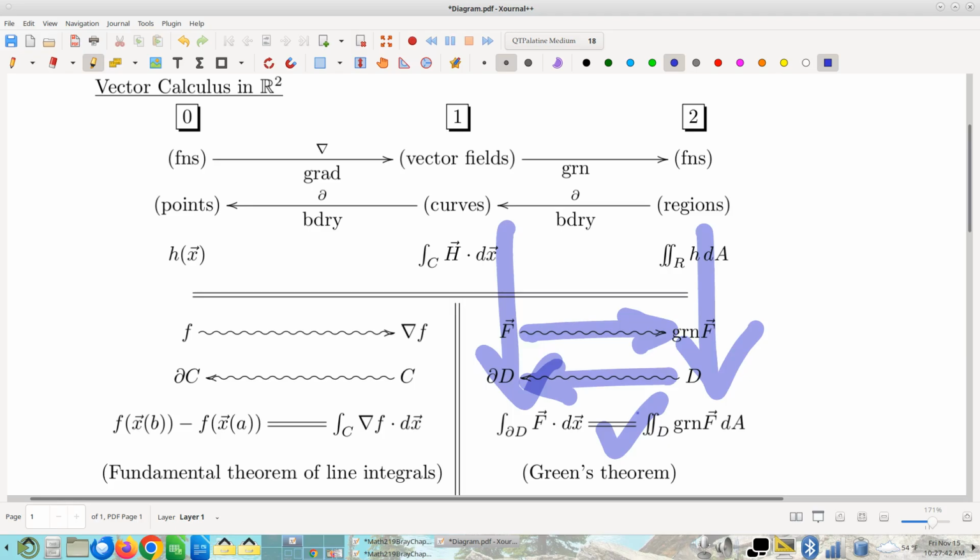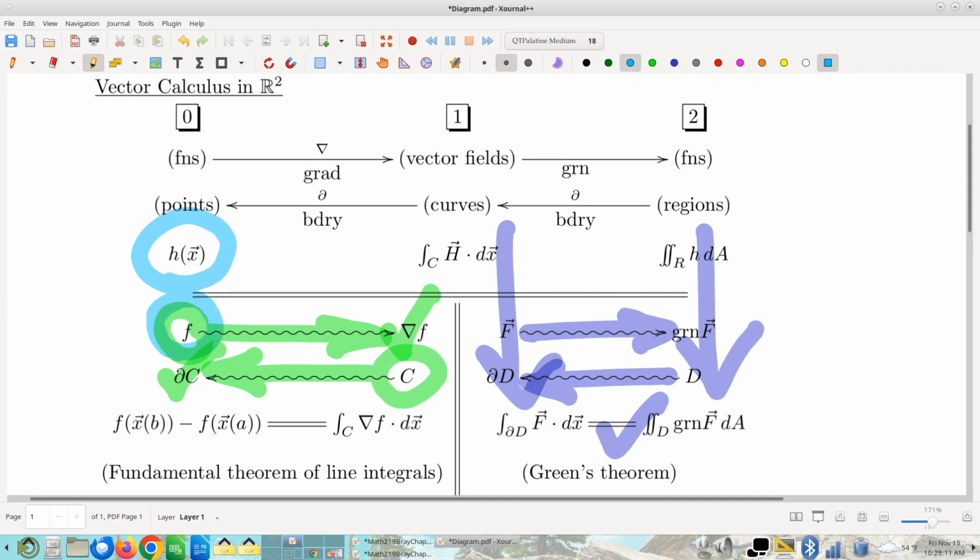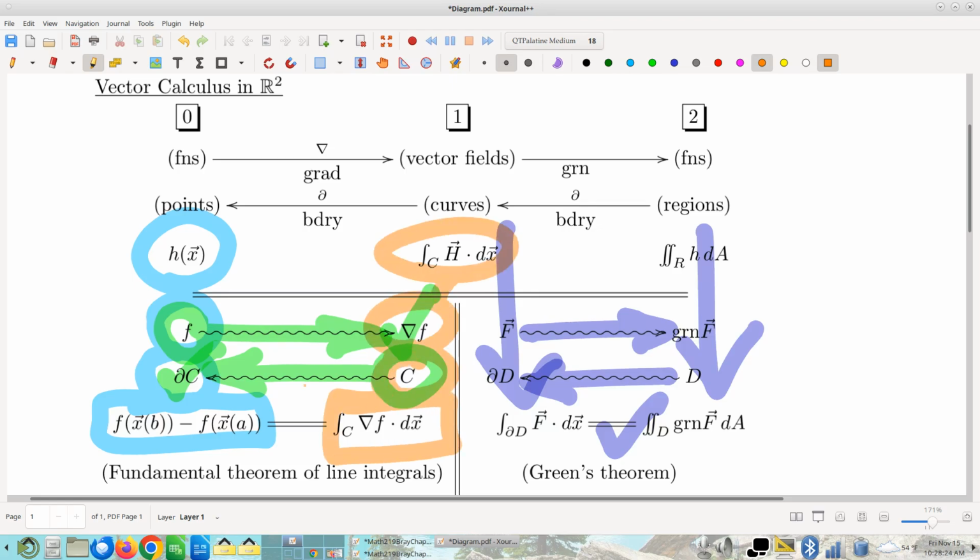Okay, now with that in mind, let's think about what the fundamental theorem of line integrals says. It says if you have a function and you look at its gradient, and if you have a curve and you look at its endpoints, the A and the B, the starting and ending point, then if you evaluate the original function on those endpoints, and on the other hand you do a line integral of that gradient on your original curve, you get the same thing.